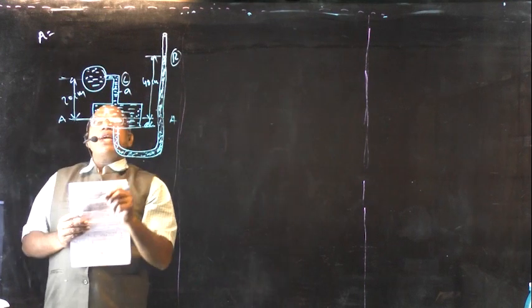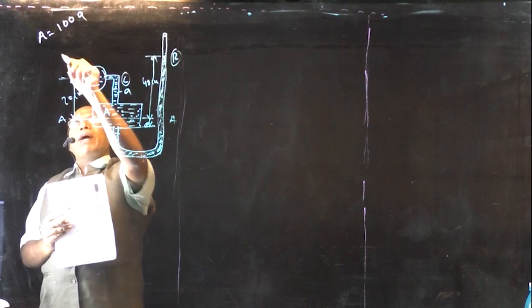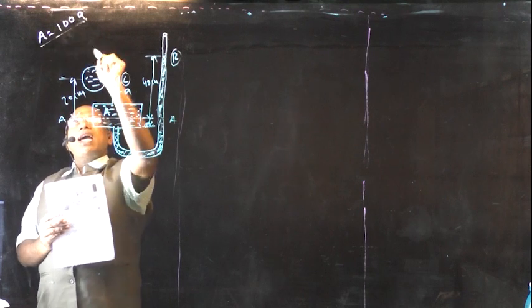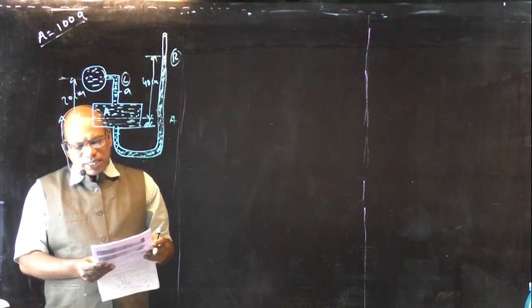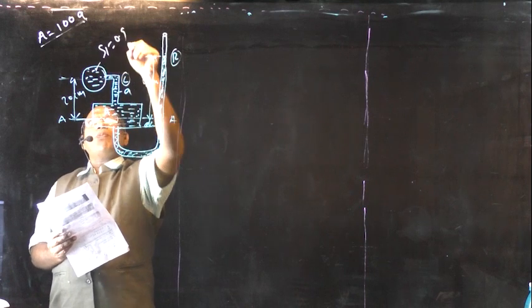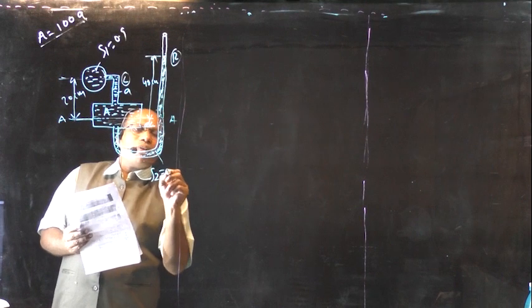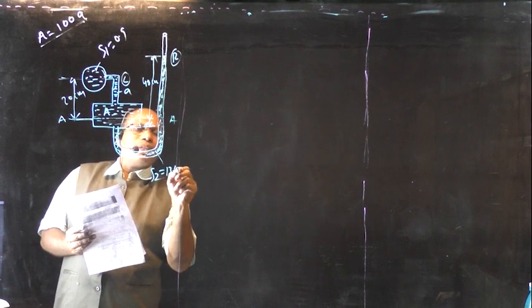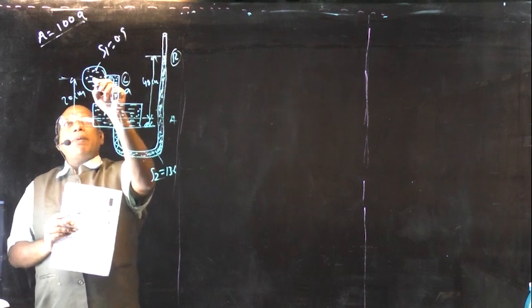This is the condition given in the problem. Specific gravity of the liquid S1 is 0.9, and the specific gravity of mercury S2 is 13.6. Now find the pressure in pipe A.